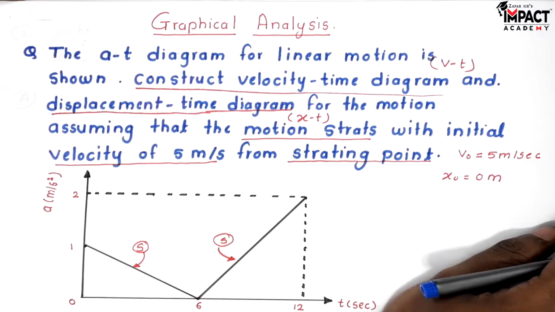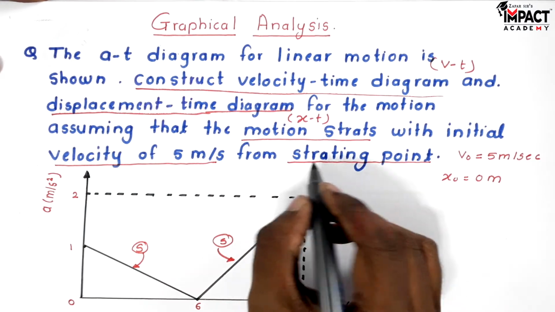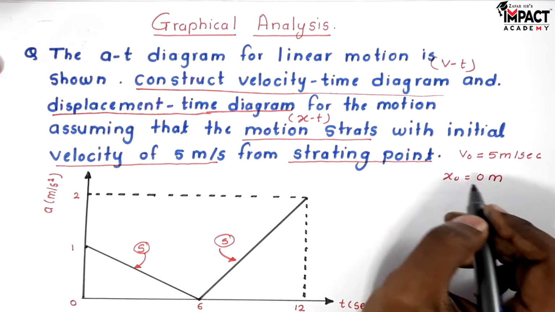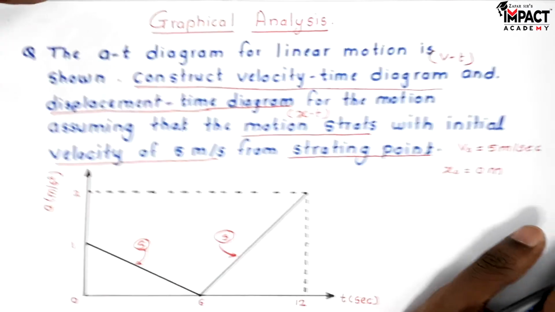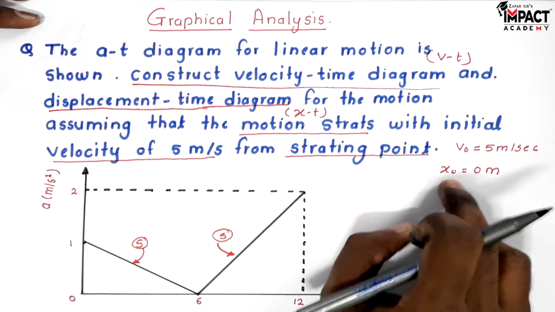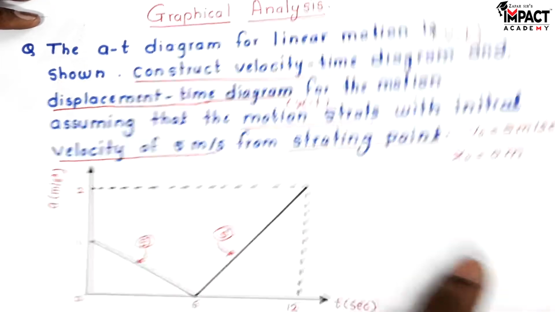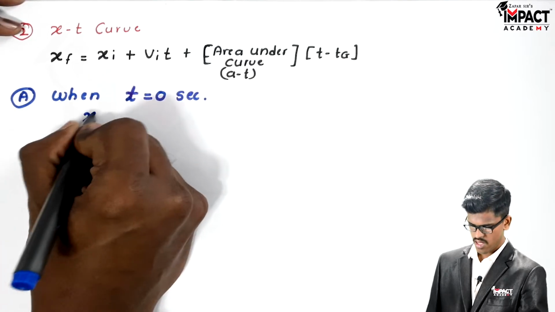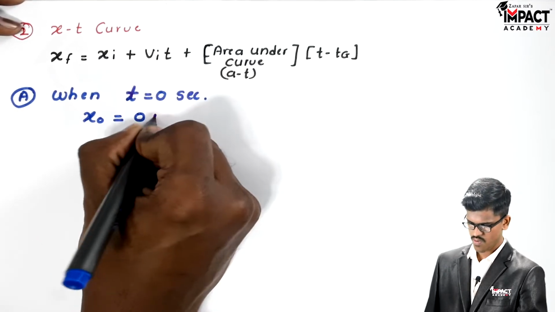In the question they mention the particle starts from the starting point, which means x naught is equal to 0 meter. So when t is equal to 0, x naught is equal to 0.